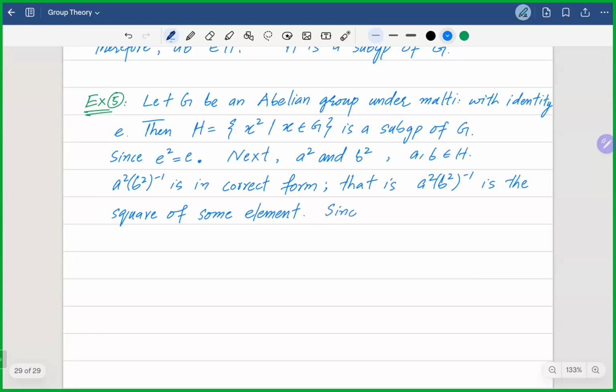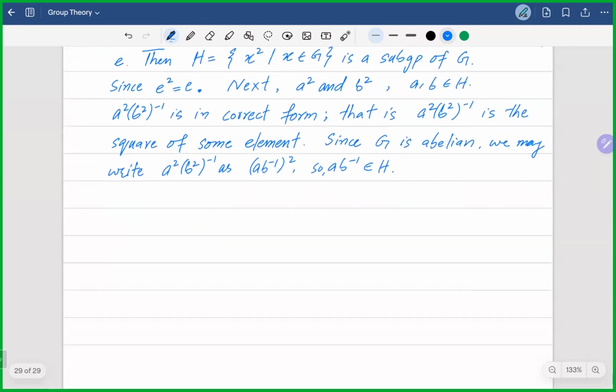Since G is abelian, we may write A square B square inverse is AB inverse square, which is the correct one. So AB inverse is in H. Thus, H is a subgroup of G.